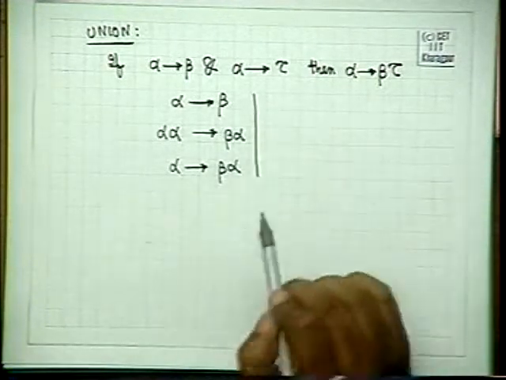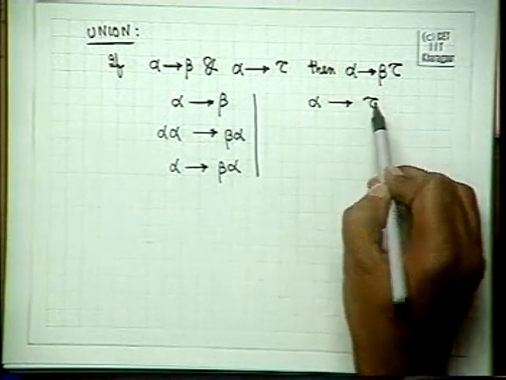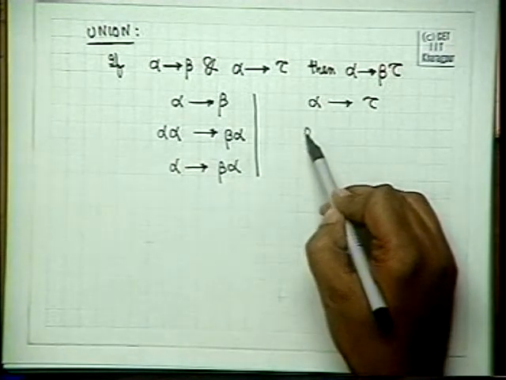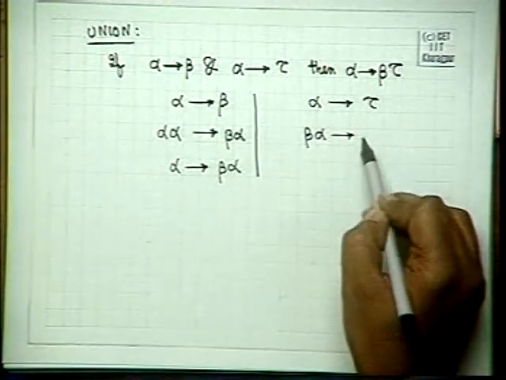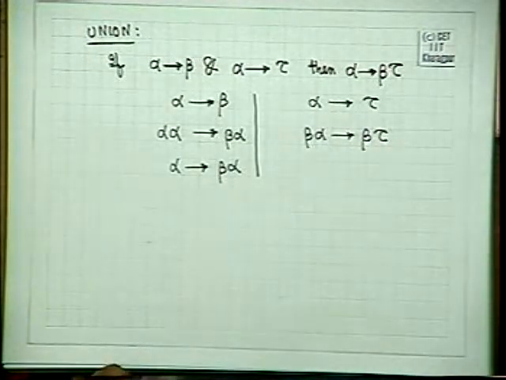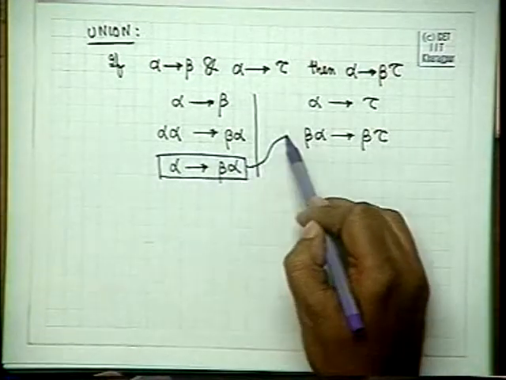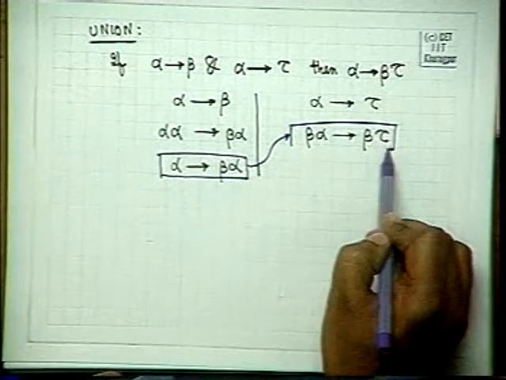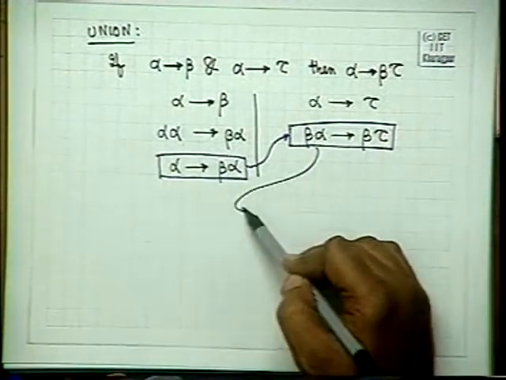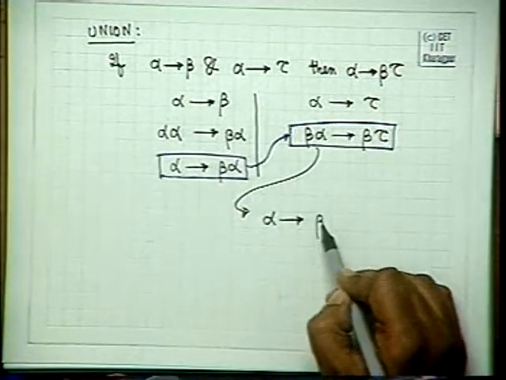So this is one side. On the other side we have got alpha to gamma, and using the augmentation rule we have beta alpha to beta gamma, and based on this and this, using the transitivity rule, we will easily derive that alpha to beta gamma.